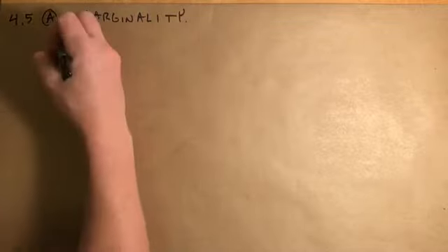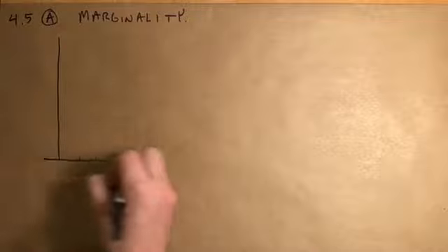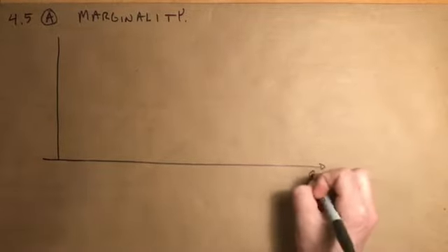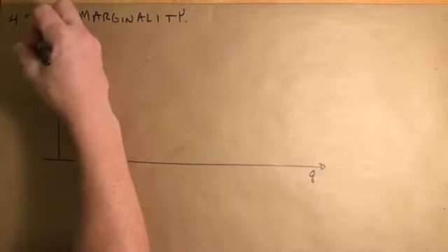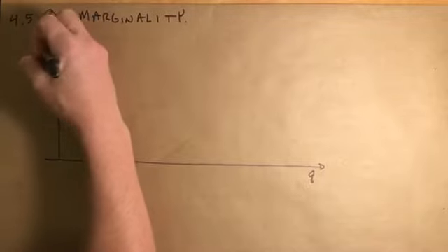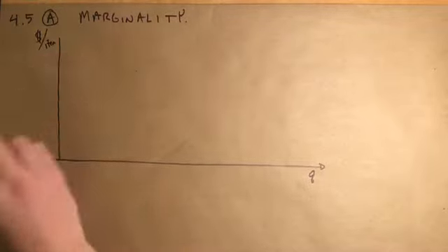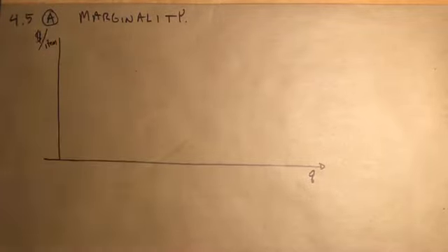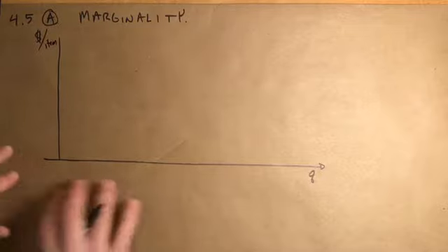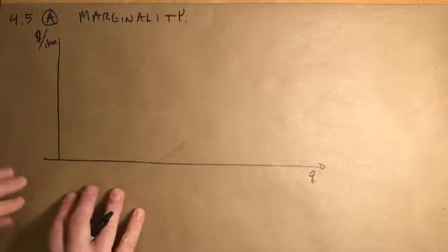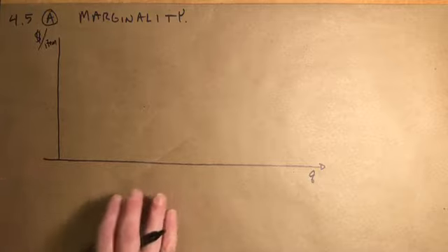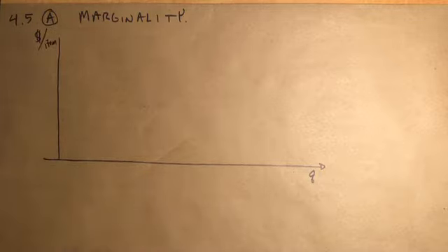Our final example in this first video on marginality will involve a function that we see the derivatives of. So let's have the quantity here, and now I'm going to have dollars per item as our axis, because you guessed it, I'm going to be putting the marginal cost and the marginal revenue on our function.